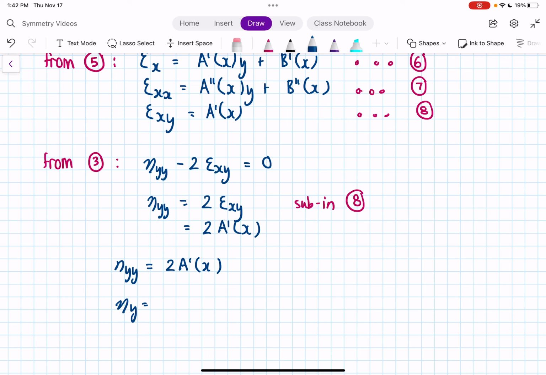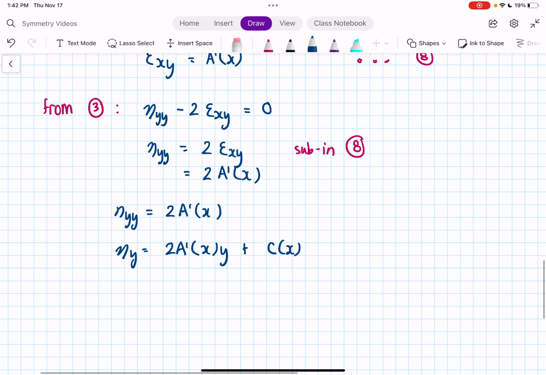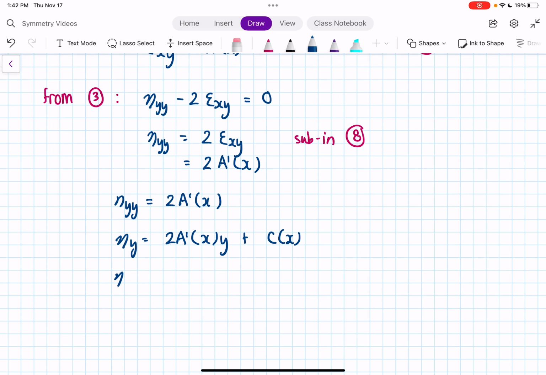So integrate once in terms of y. And then another, sorry, that was wrong. Okay, so that's what we're going to have there.